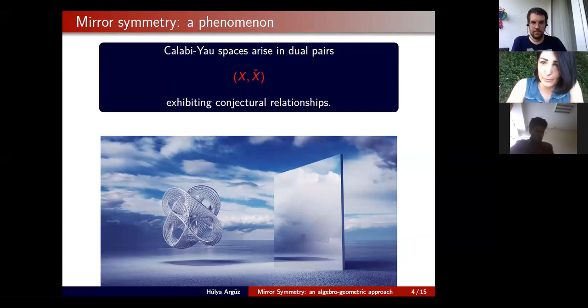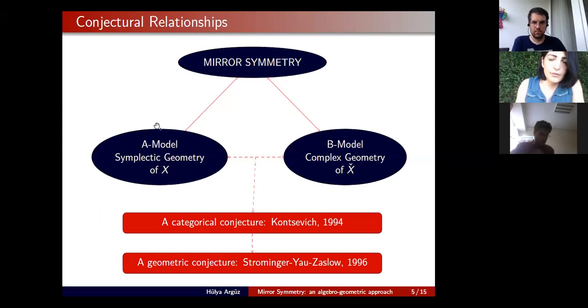And the mathematical point of view is about investigating conjectural relationships between these mirror pairs of Calabi Yau manifolds. So mathematicians try to understand mirror symmetry to understand these conjectural relationships. And these are relationships between the two sides of mirror symmetry.